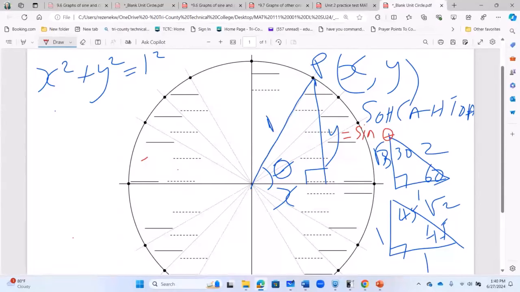So we already said that cosine theta is x, and sine theta is y. Therefore, this point here is cos theta, sine theta, as any point on a unit circle is. So we have cos squared theta plus sine squared theta is equal to 1.